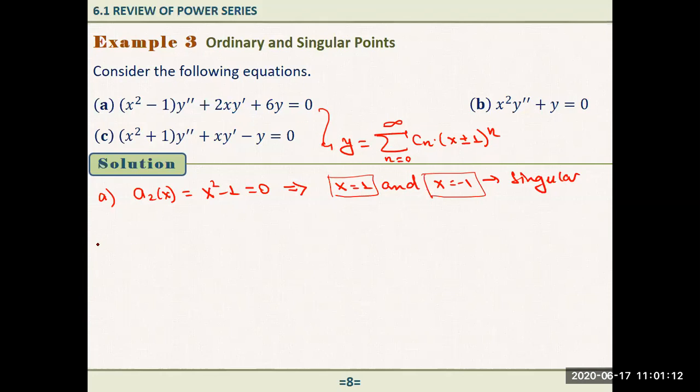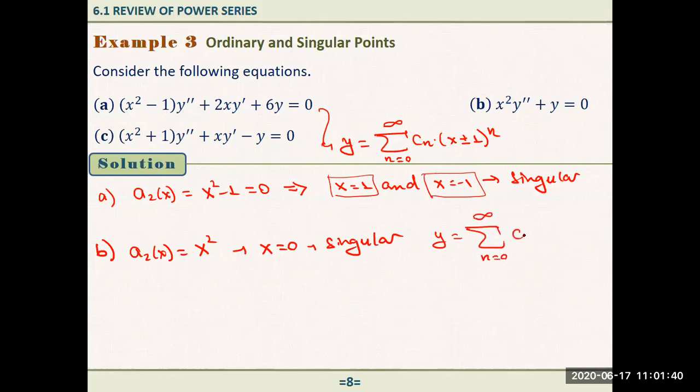How about question B? In question B, we have a sub 2 of x equal to x, so x equals 0 is a singular point. If you remember in the first example, we assumed that the solution of the differential equation is the sum from n equals 0 to positive infinity of c sub n x to the power n. That's how we solved y prime plus y equal to 0.